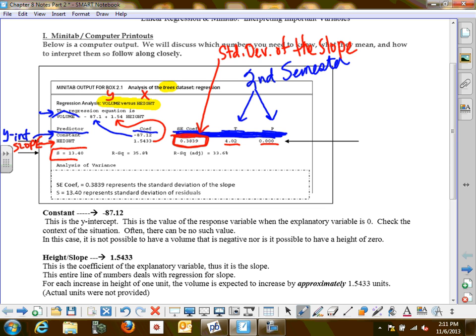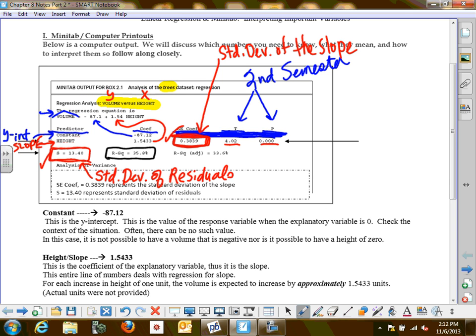This s is another standard deviation. It is not the standard deviation of the slope. This s is the standard deviation of the residuals. Again, later this class period, we will think about these items conceptually and what they mean. But for right now, we're just identifying their location. So the standard deviation of the slope is here. The standard deviation of the residuals is here. Okay. Next, r squared. So what is this r squared value?